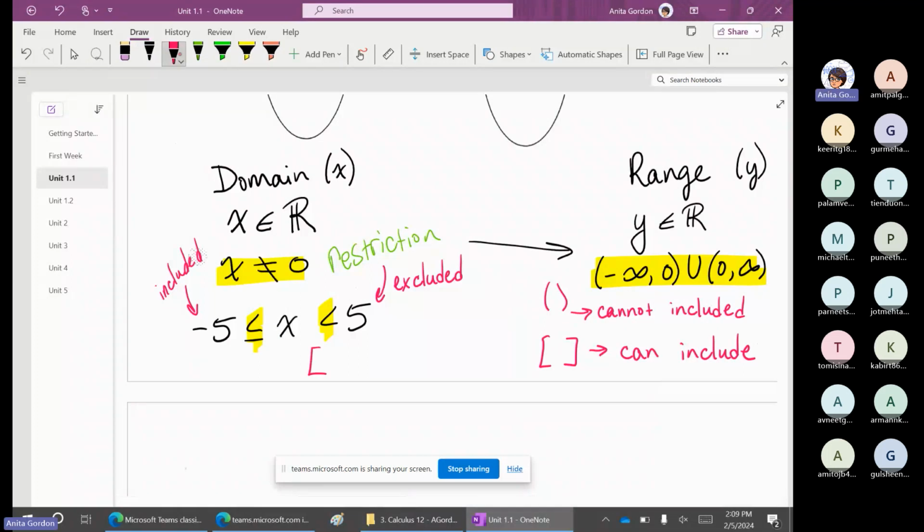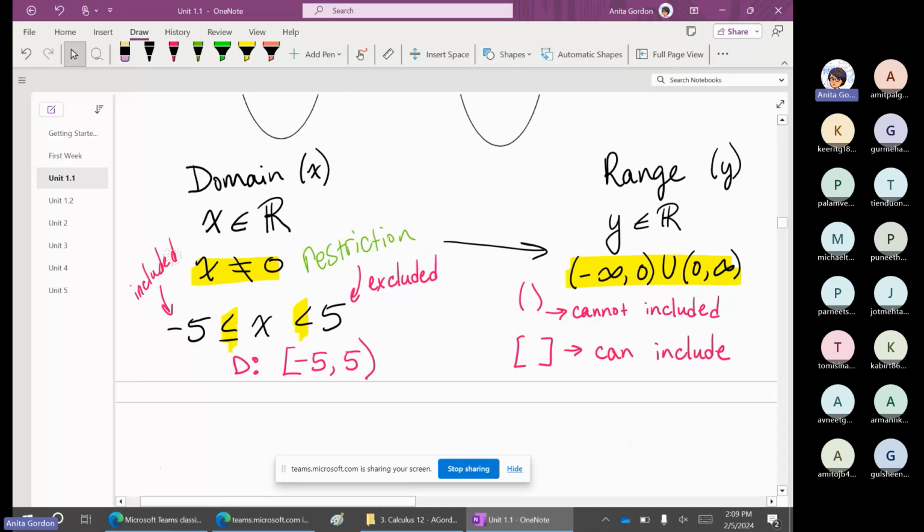So I could write it this way. The domain includes negative 5, but excludes positive 5. That would be another way I could write this. We're going to use all these different ways to express our domain and range. So round brackets cannot touch, square brackets can touch the domain and range.